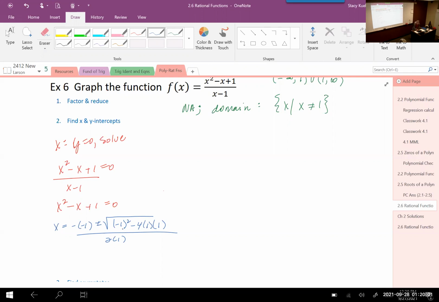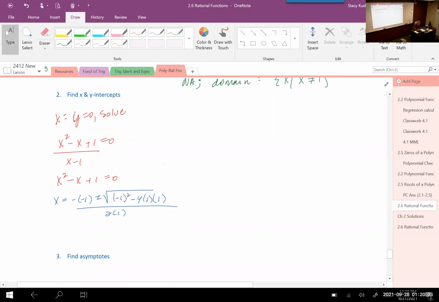We're only graphing in the real world here. So there is no x-intercept, because the discriminant is negative.